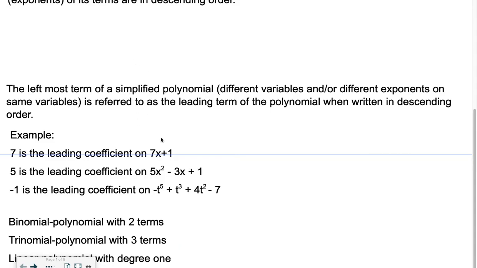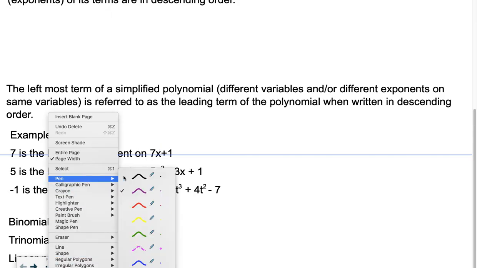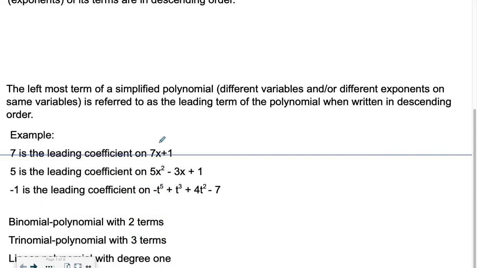In this example, you have an exponent of 1 right here. Let me delete that. You have an exponent of 1, which means that your leading term is 7x because that is the highest exponent. So your leading coefficient is 7, your leading term is 7x, and the degree here is 1, the highest exponent.